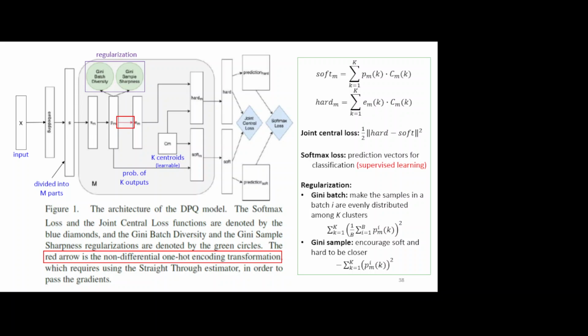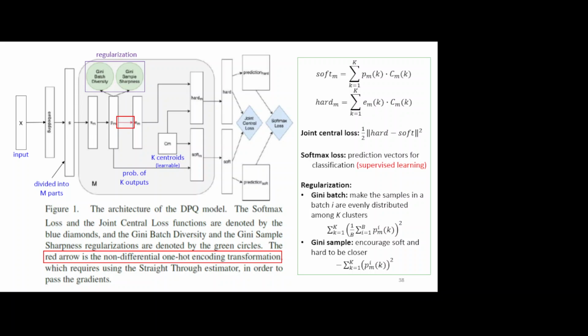We hope the probability can be evenly distributed, not concentrated in only one cluster. Your batch should contain many diverse data that belong to different clusters. That's why they give such a loss function.